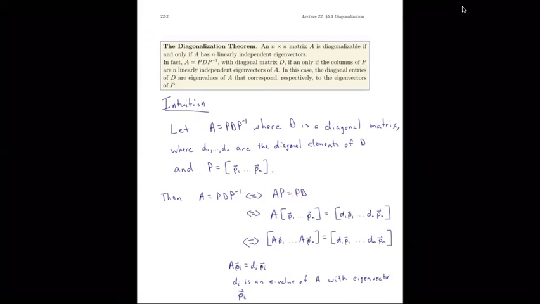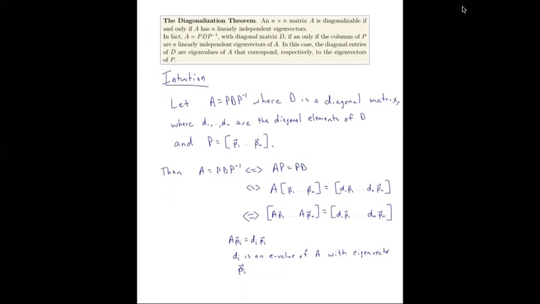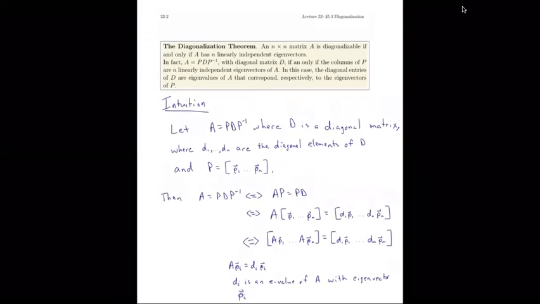And remember that A being diagonalizable is equivalent to A having n linearly independent eigenvectors. In other words, A being diagonalizable depends on whether or not P is invertible. And P is invertible if all of its columns are linearly independent.